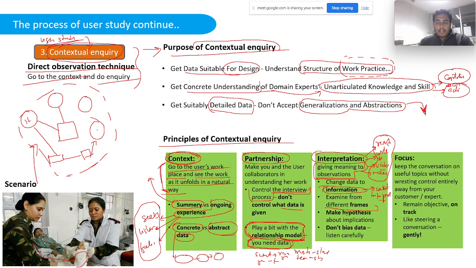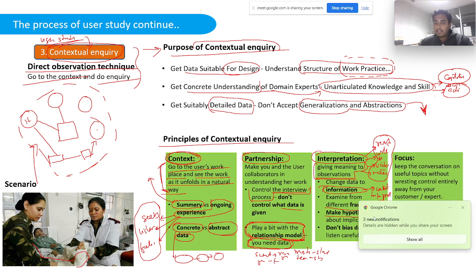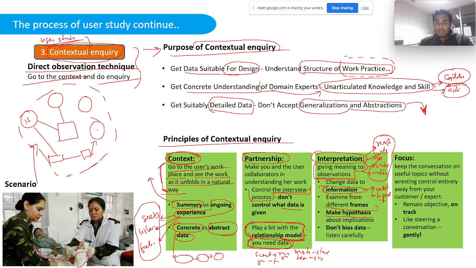Then make hypotheses. For example, if this happens in that way, what may be the adverse effects or implications? You formulate those as a part of the interpretation process, but do not bias the information.